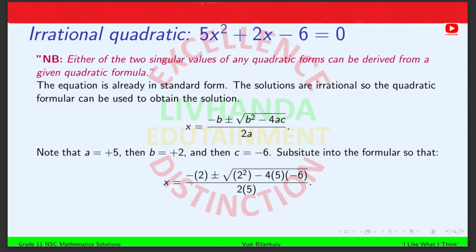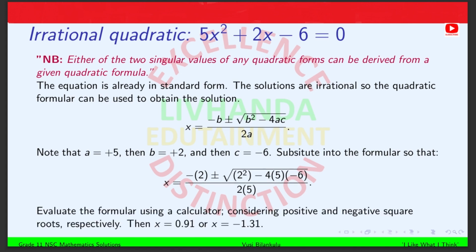Substitute these values into the formula, as shown in this slide. Evaluate this formula using a pocket calculator, considering first a positive square root so that x equals 0.91. Then consider a negative square root so that x equals negative 1.31.